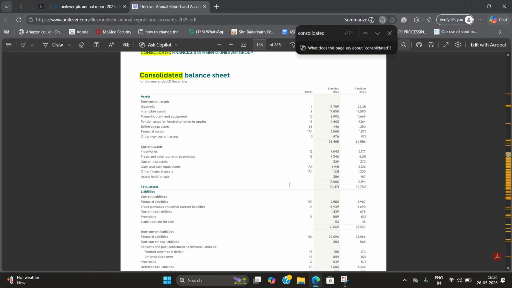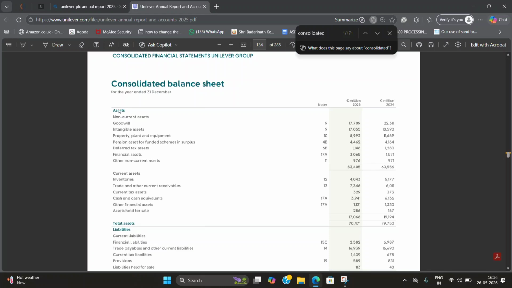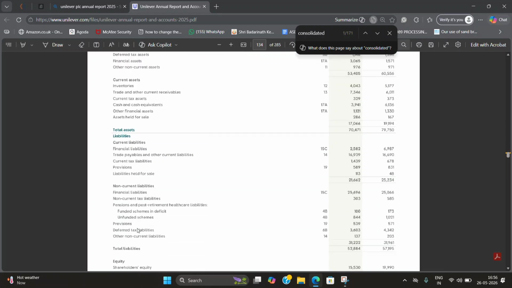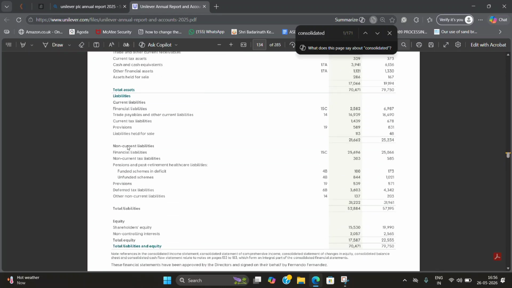The balance sheet is also known as the financial position of an organization. Here you can see the consolidated balance sheet includes assets and liabilities, two major sections. Assets include current assets, and liabilities include non-current liabilities and current liabilities.